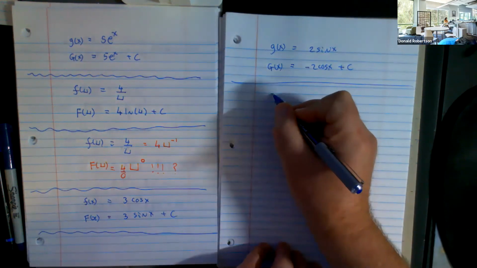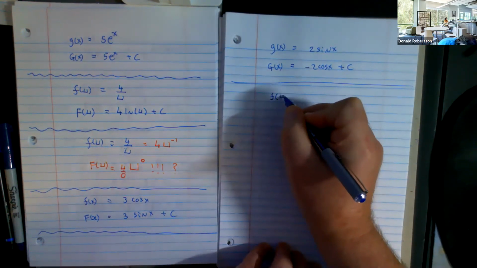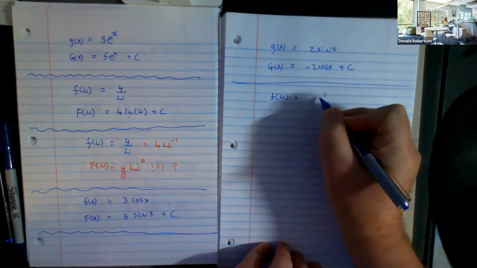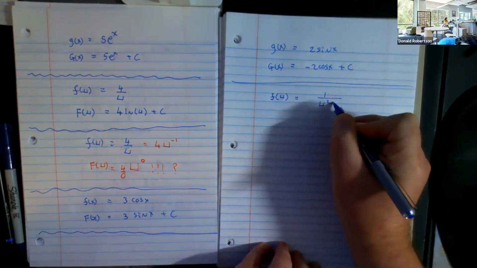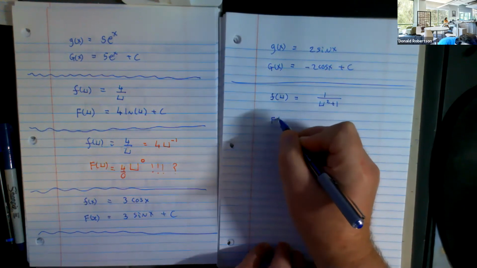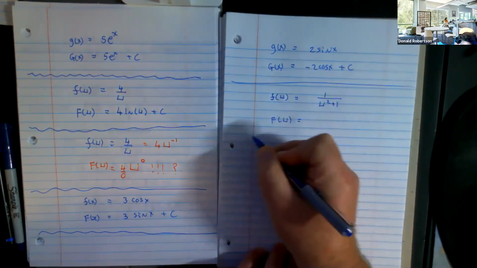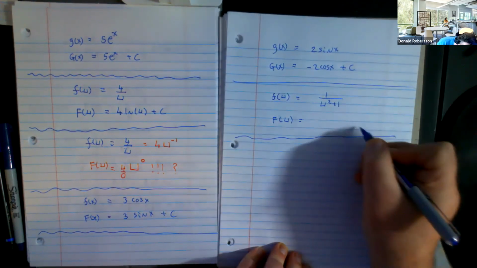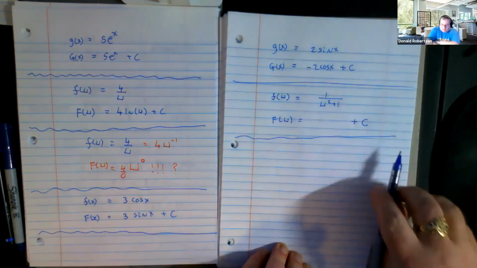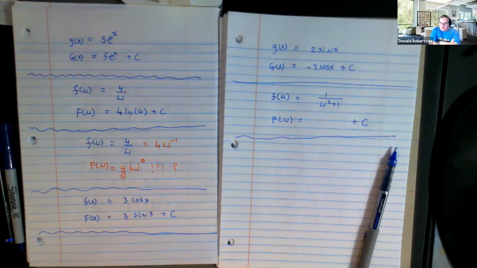This one is really going to test your memory. There is a function out there who, if you differentiate it, you get 1 over x squared plus 1, or in this case, 1 over u squared plus 1.